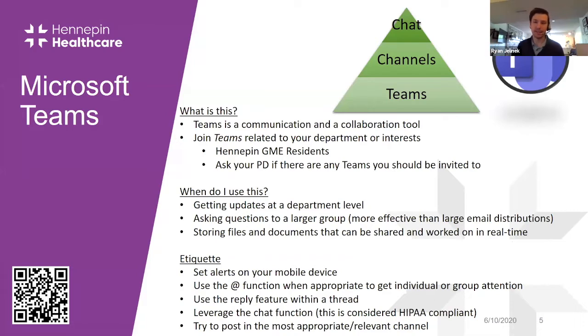And it's kind of handy because it gets their attention. It sends them an alert that you called them out. If you're trying to get somebody's attention, this is a great way to do it. But do it reasonably. Don't @ a whole group every single time you make a post. That kind of is excessive and gets old after a while.